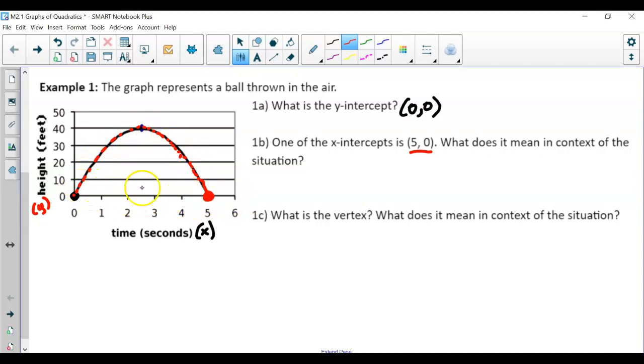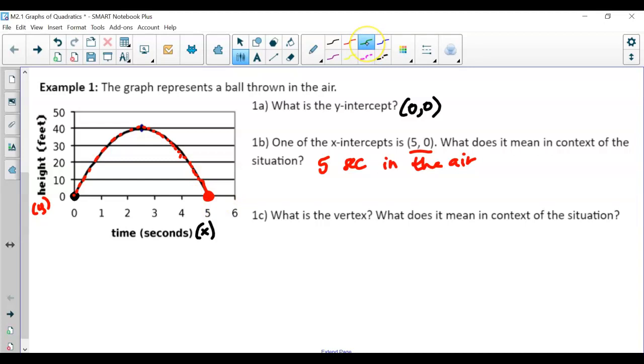So what does this x-intercept represent? Well, it represents how long the ball was in the air. So this ball in this case was 5 seconds in the air. So that represents the time that the ball was in the air. So it lasted 5 seconds before it hit the ground.